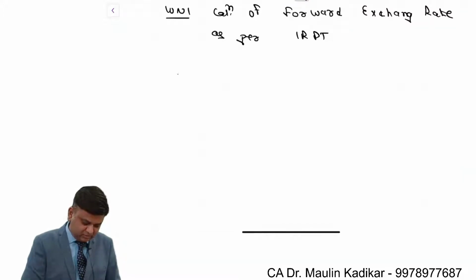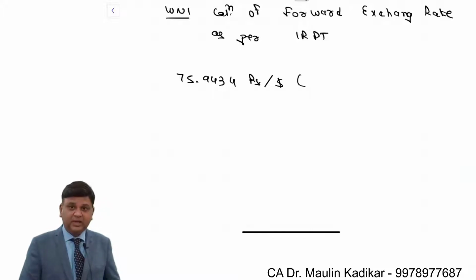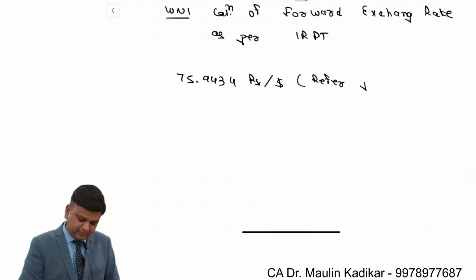In that, write down 75.9434 rupees per dollar. In bracket, write down refer previous question.